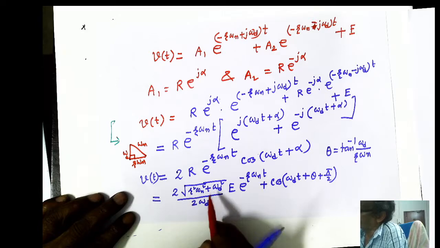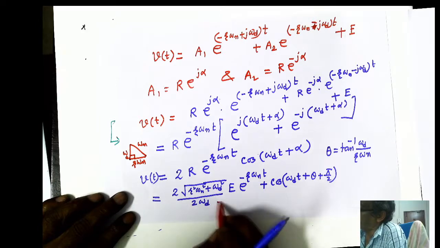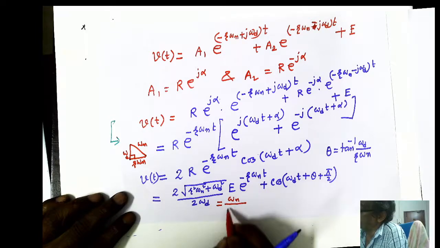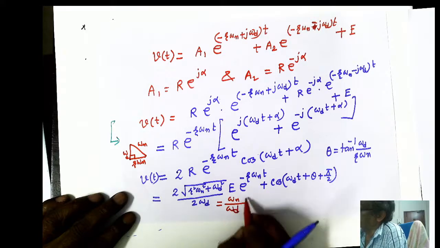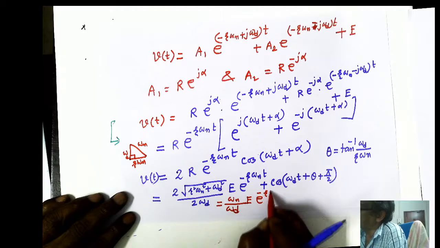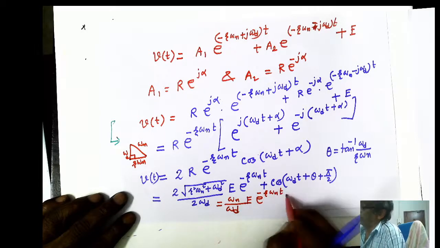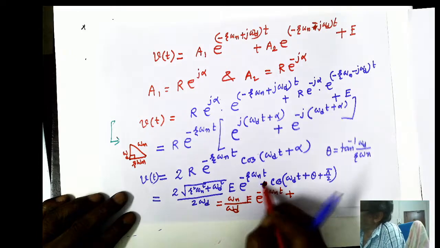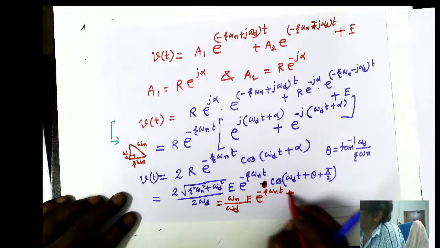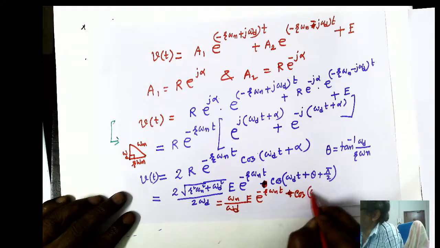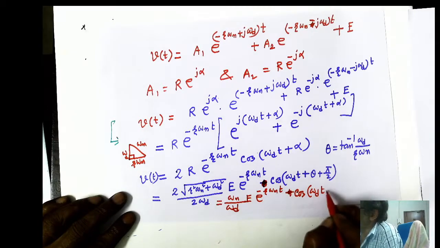So this will then become equal to omega n by omega d into e to the power minus zeta omega n t, into cosine omega d t plus theta plus pi by 2.